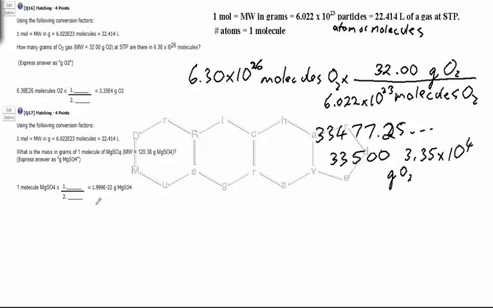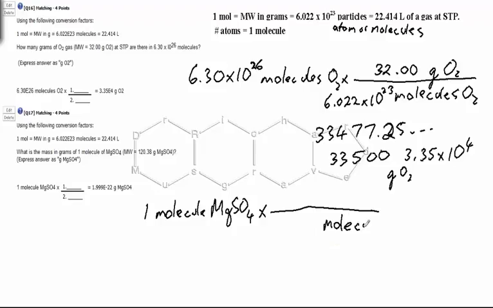On the next one, it's asking 1 molecule of MgSO4, what's its mass? So we're going to start out with 1 molecule MgSO4. And you can see that molecules of MgSO4 will go on the bottom here.